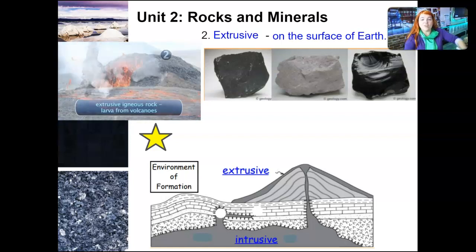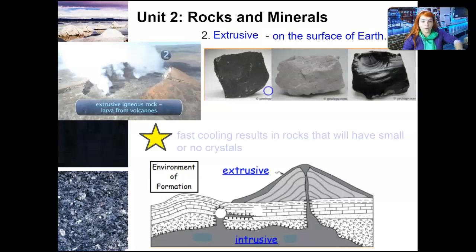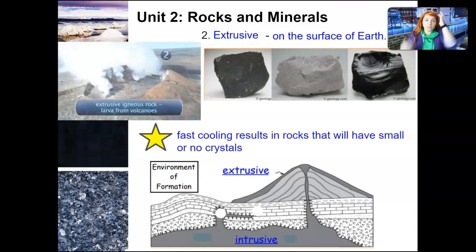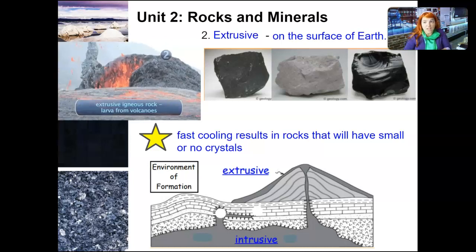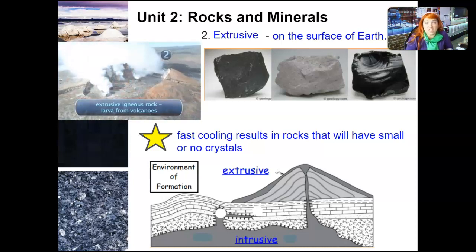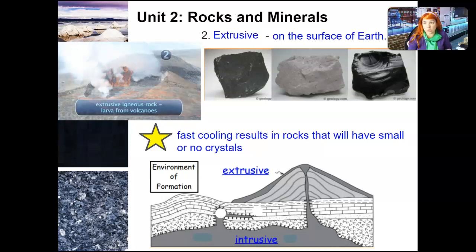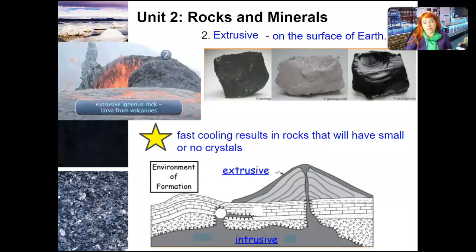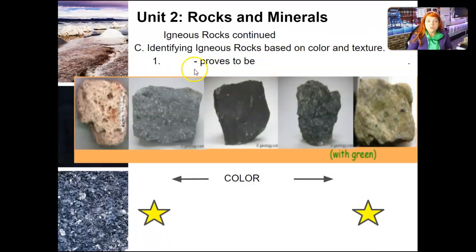All of these form outside the earth. One of the things you're going to notice is that because they cool so fast, if they have crystals, they're very, very tiny. They're small, or there are no crystals at all. You can even see gas pockets.